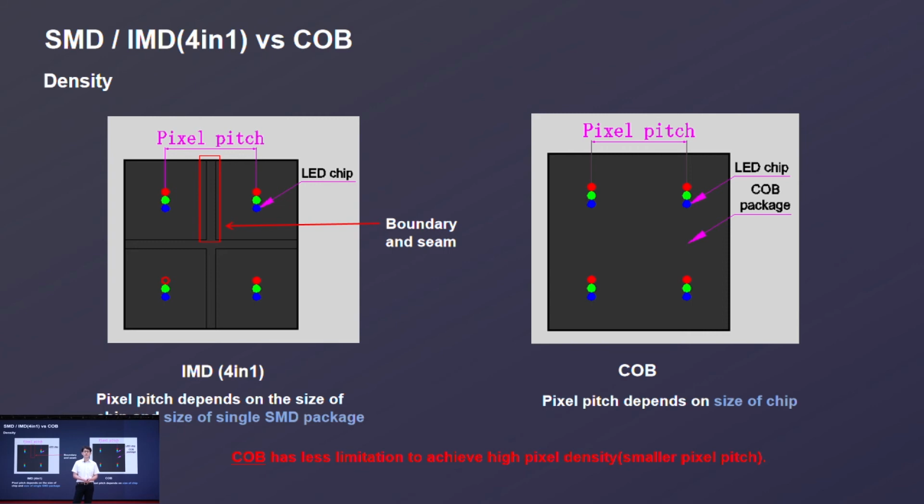But for COB, the pixel pitch depends on the size of chips only, which is to say, if you use COB package technology, it's way easier to produce high density products.